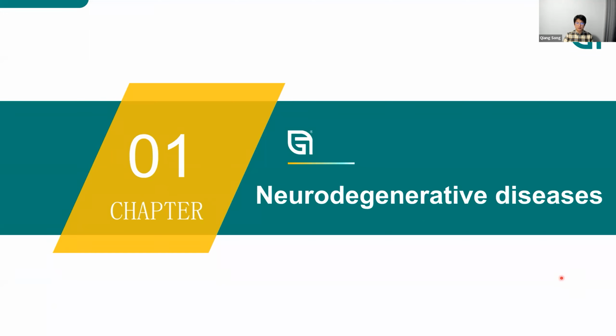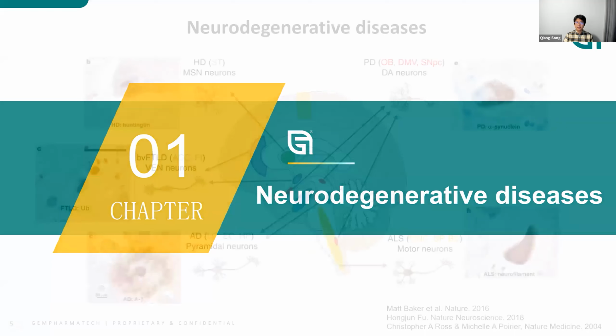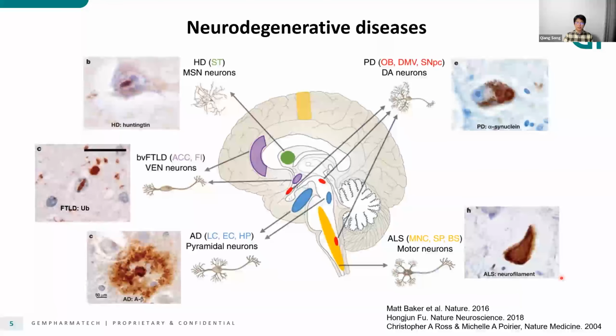In the first part, I would like to give a brief introduction about neurodegenerative disease. As we all know, neurodegenerative diseases are a major cause of disability and premature death among people worldwide.